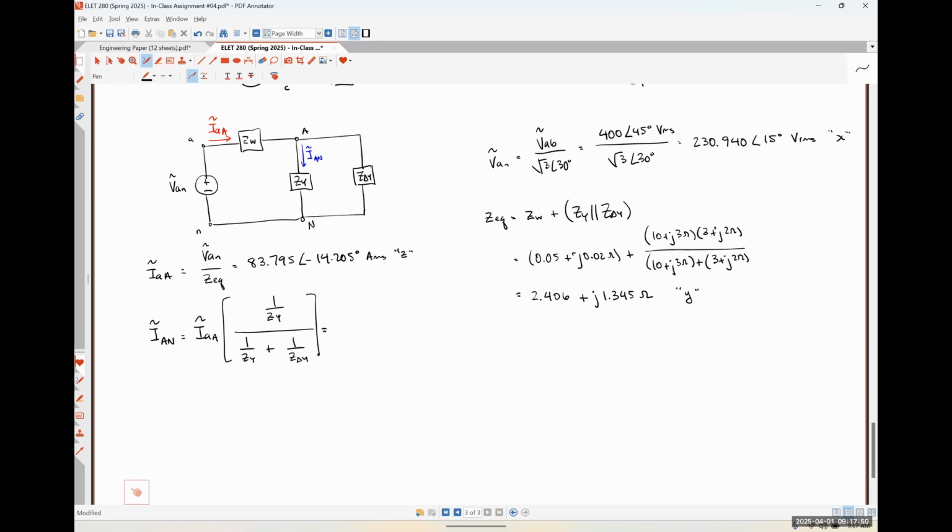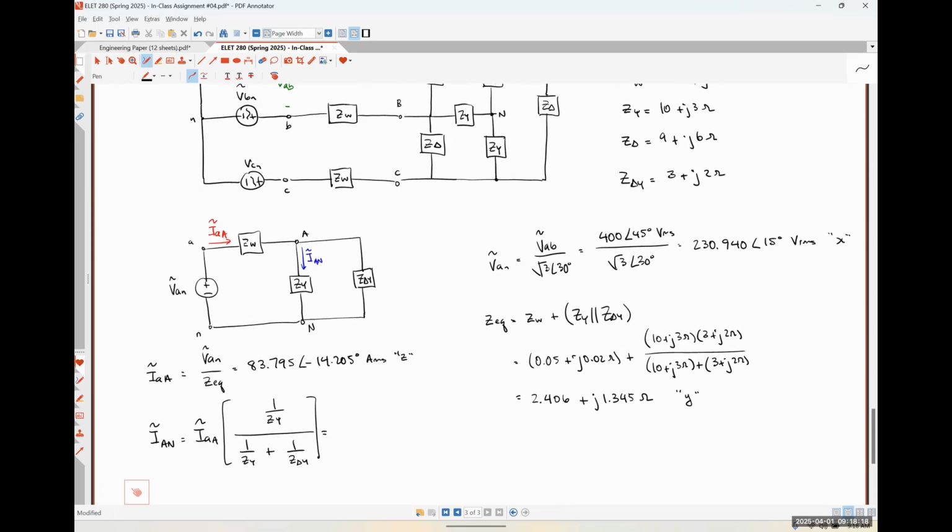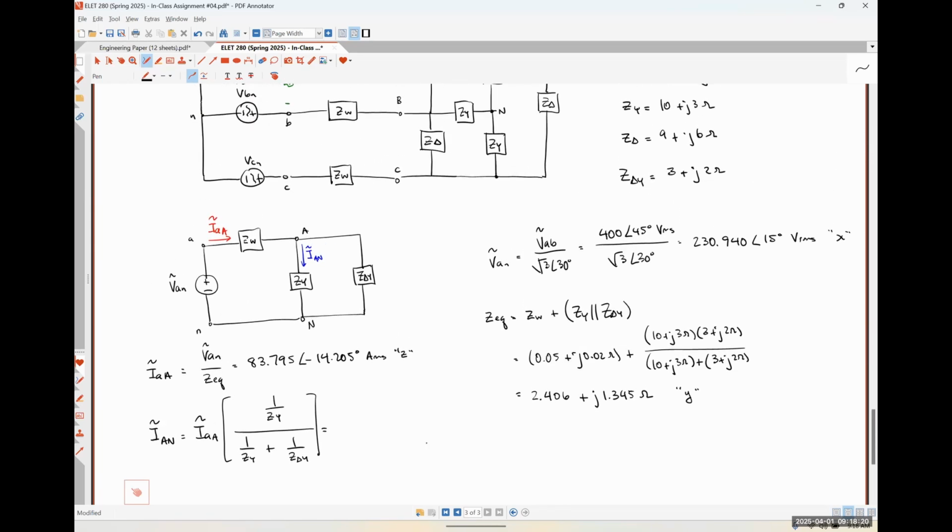I'm just going to throw the numbers as appropriate here into my calculator. So that's what I have stored as Z multiplied by 1 over 10 plus j3, divided by 1 over 10 plus j3 plus 1 over 3 plus j2. Let me just double check here. ZY is indeed 10 plus j3. I'm finding a current through that guy, so that's why the reciprocal's in my numerator.